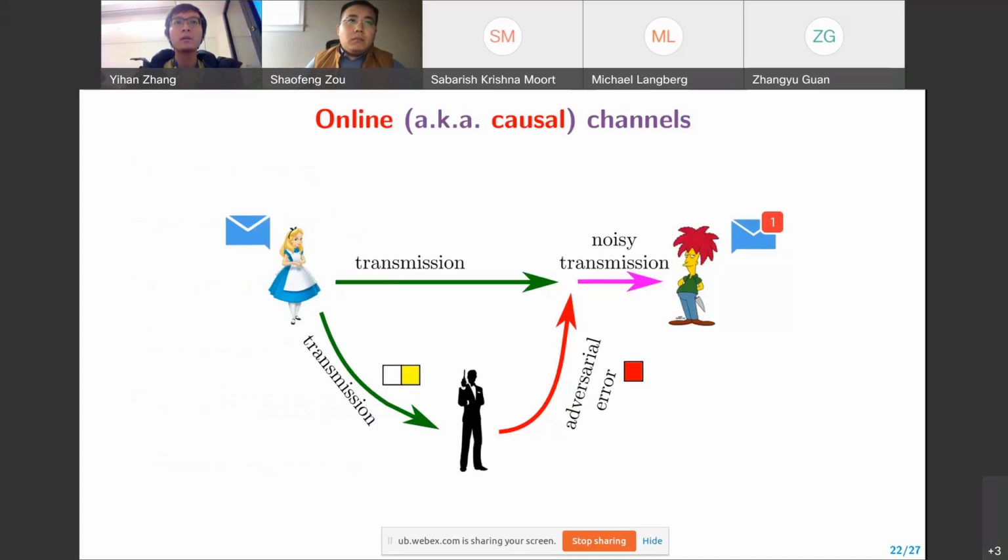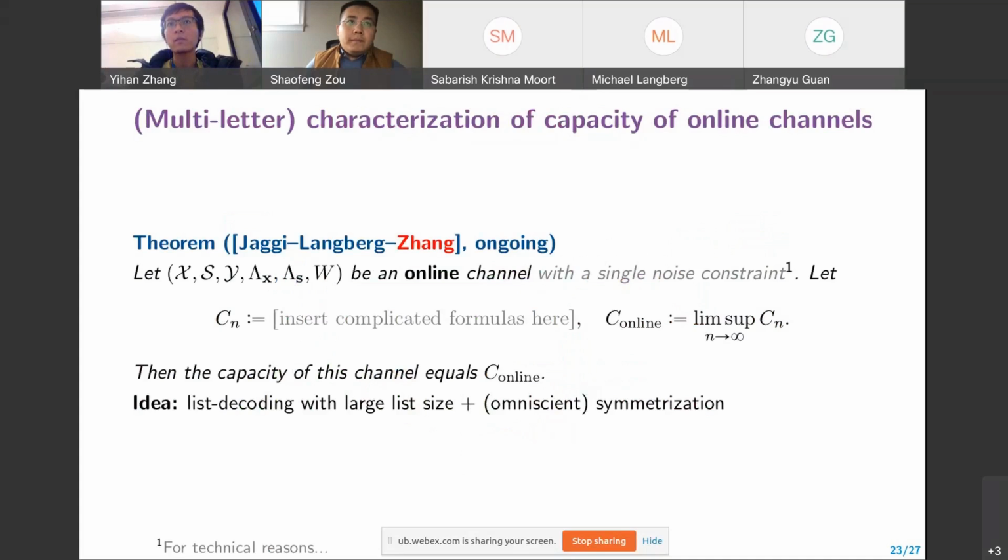The adversary can look at the transmitted codeword by Alice, but only symbol by symbol, and his design of adversarial error should be on the fly. So he has to design his noise vector S, and in particular each entry Si, depending on his observation so far. Let's say Si only depends on X1 to Xi, but not the future. So this imposes further constraints onto the model, and things do get much more delicate.